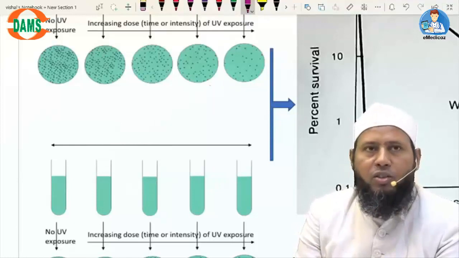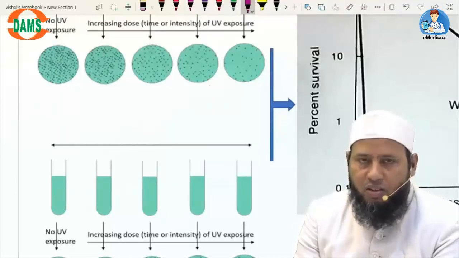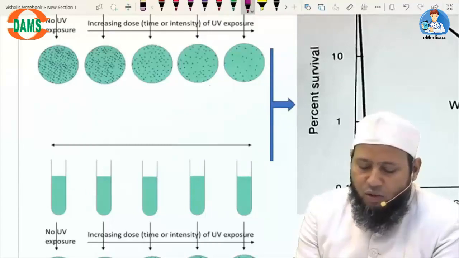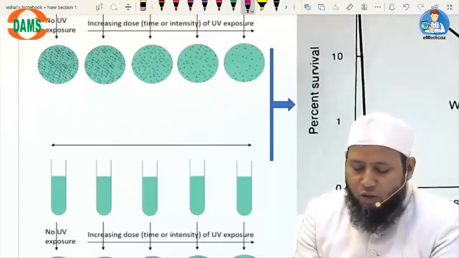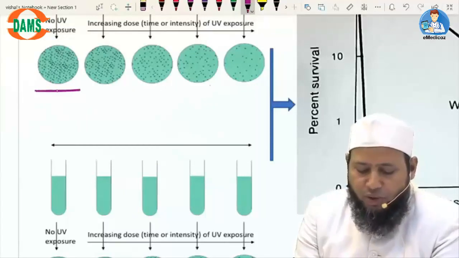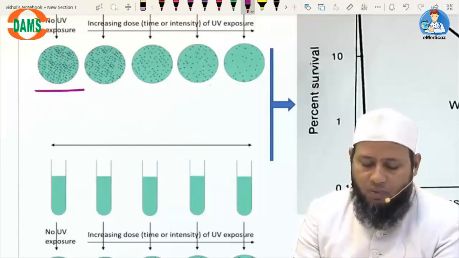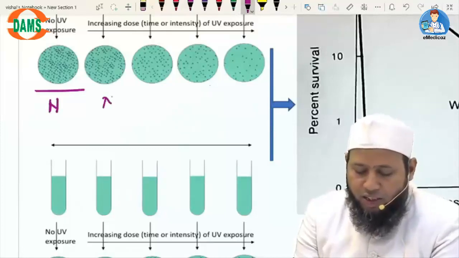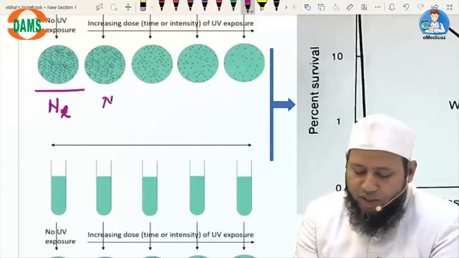These colonies are basically a manifestation, or synonymous with, growth. So you count these colonies and then you plot them. The number you get from the reference culture, let's suppose it is whatever number, here you will get N0, or maybe you can say NR, for reference.